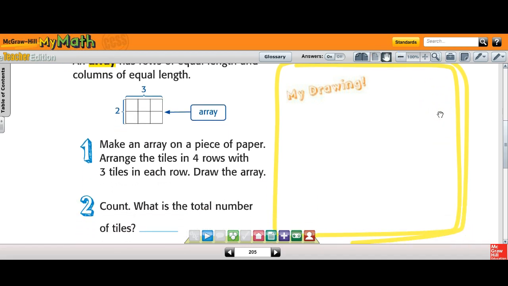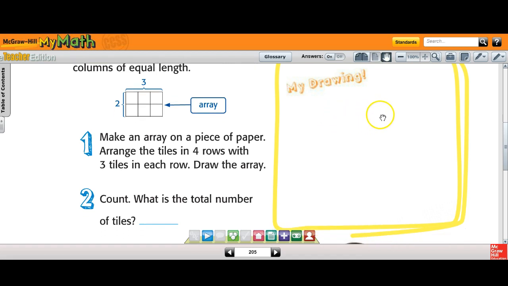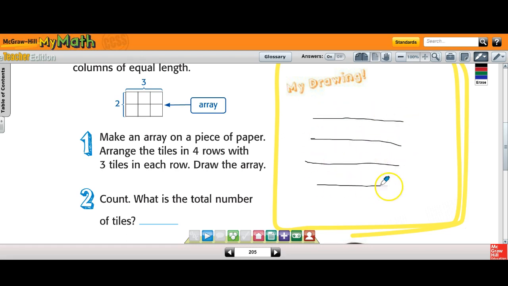It says we'll make an array that has 4 rows. Okay, 4 rows, that has 4 rows with 3 tiles in each row. So 1, 2, 3, 4, and then with 3 tiles in each row. Okay. So we can go something like this.